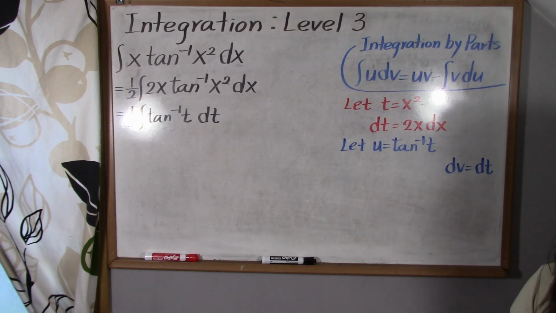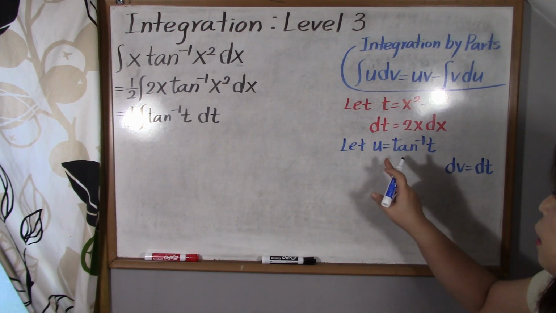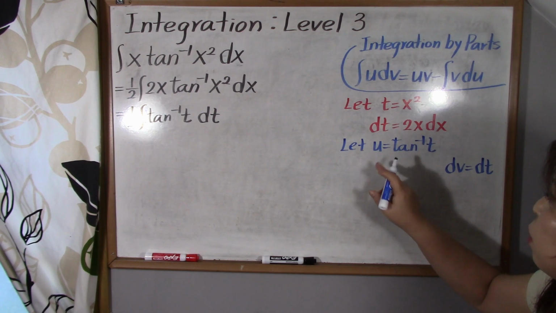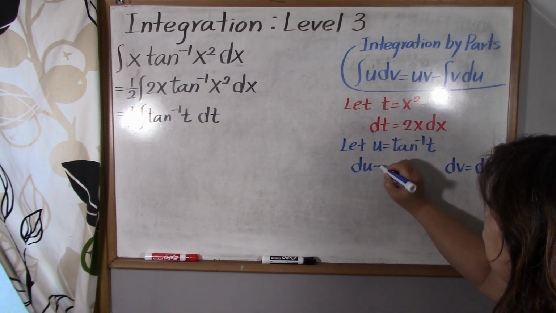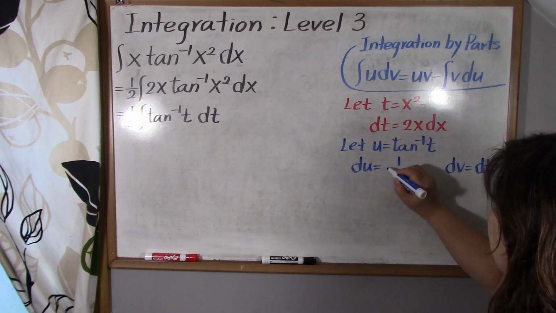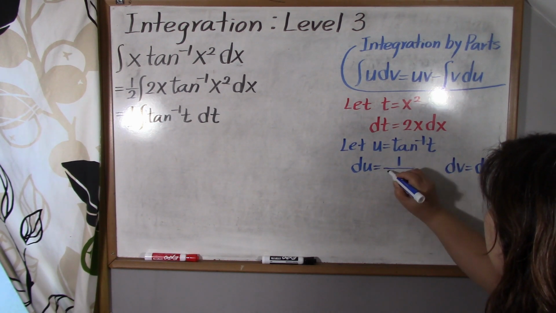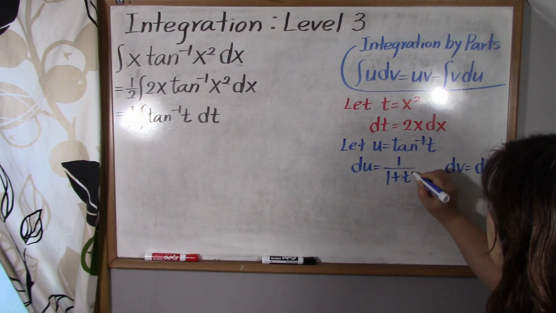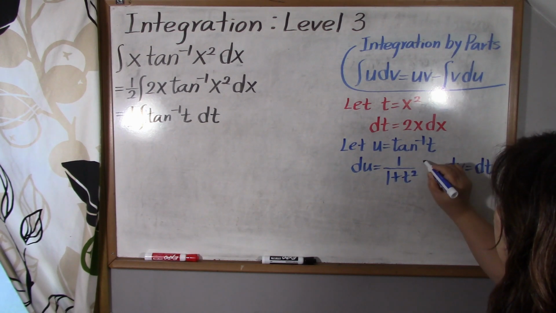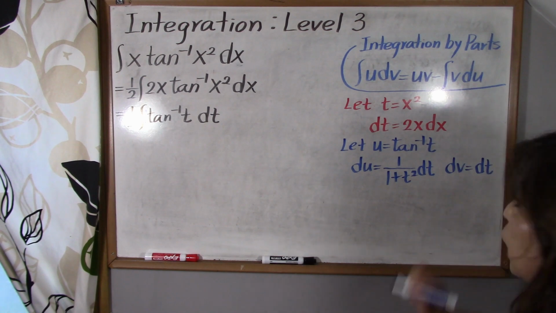Right? So now next step, we're going to take a derivative of this equation. That is du is equal to 1 over 1 plus t squared dt.